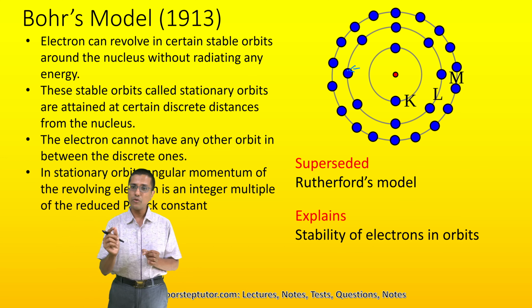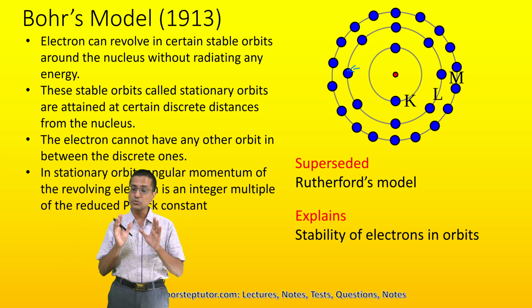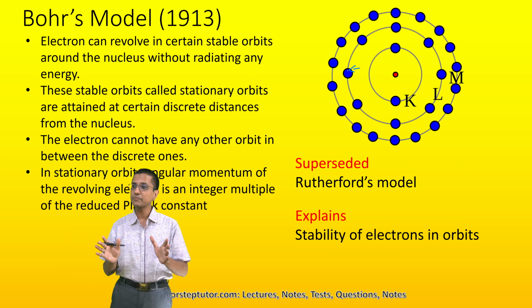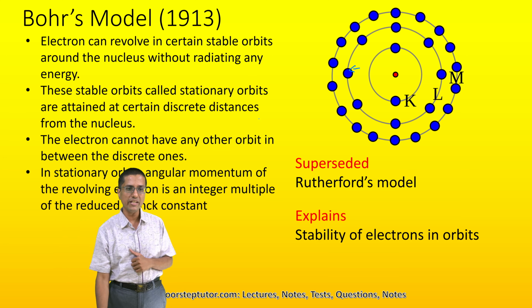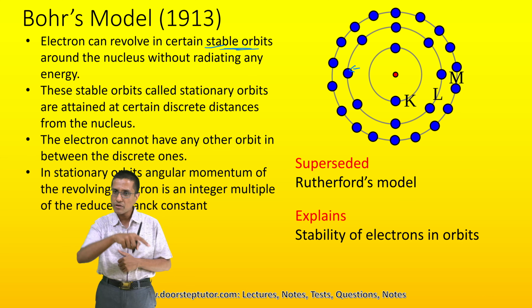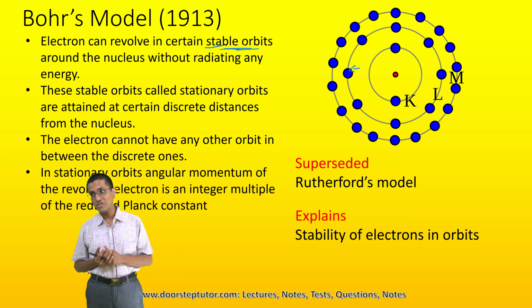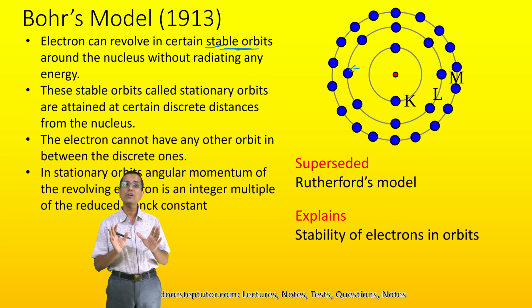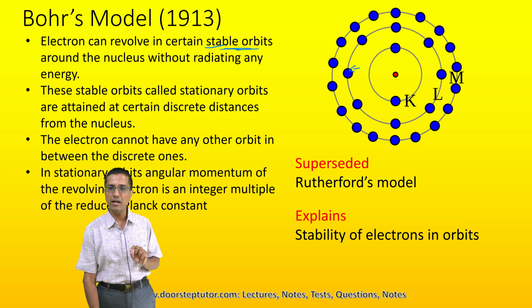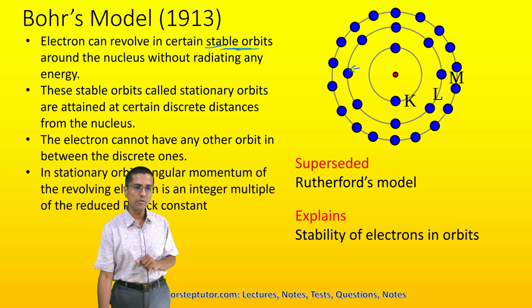Okay, these specific locations are known as stable orbits. If the electrons are revolving in these stable orbits, then these orbits have a special property. And what is the property? That they would not lose any energy. So these stable orbits are known as stationary orbits.